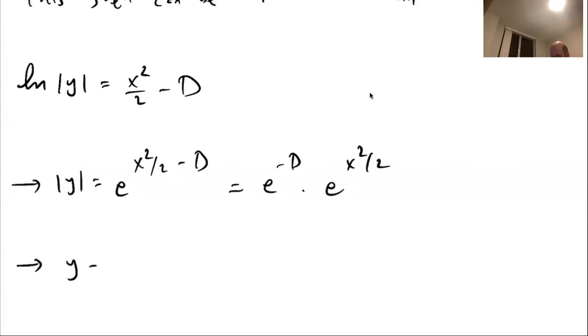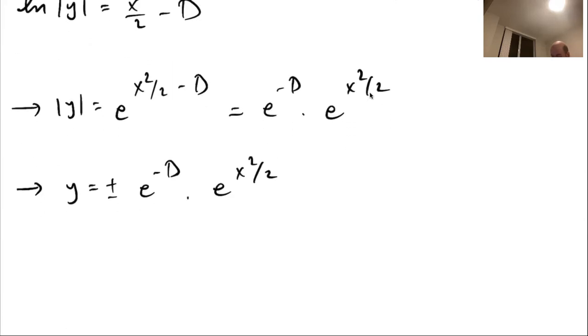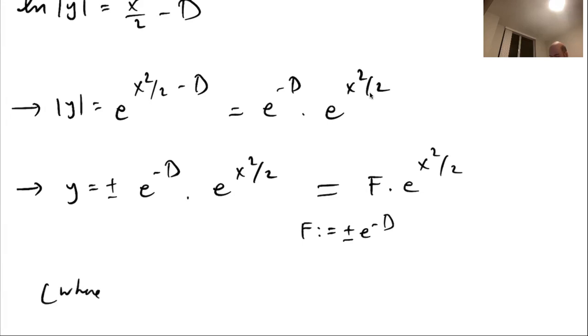And then y will be equal to plus or minus e to the power minus d times e to the power x squared over 2. Let's call plus or minus e to the power minus d, f. So y equals f times e to the power x squared over 2, where f here is a positive or negative constant.